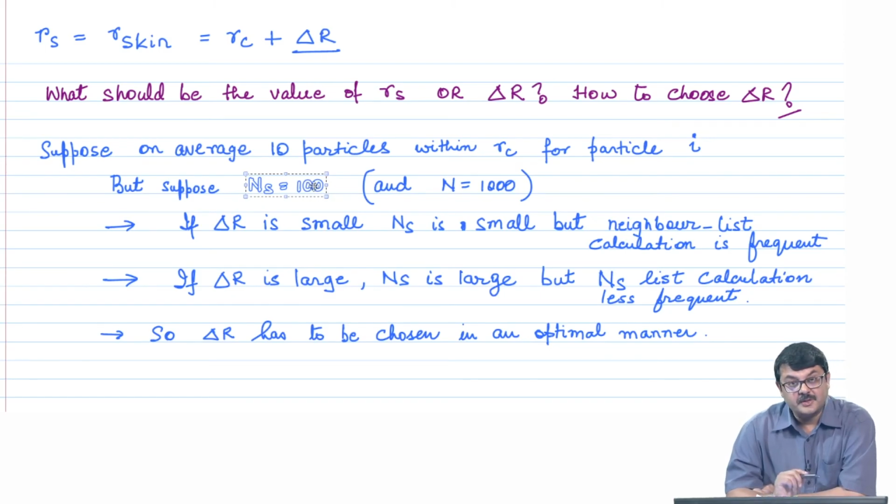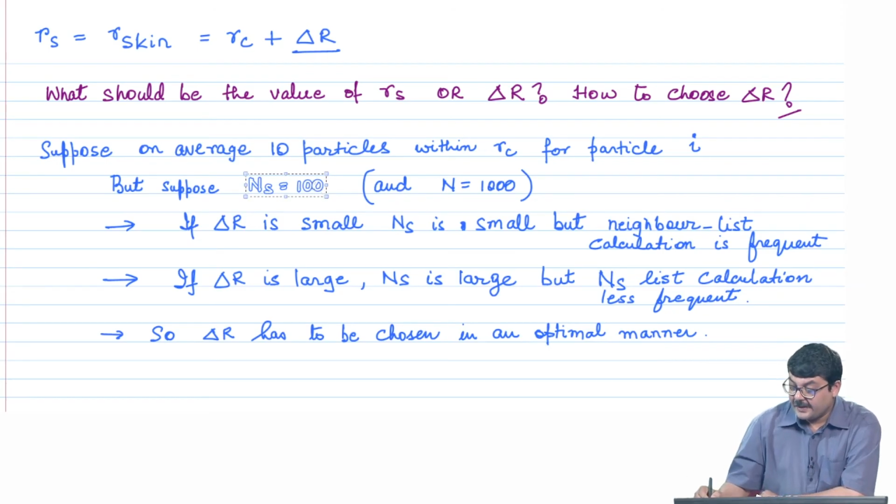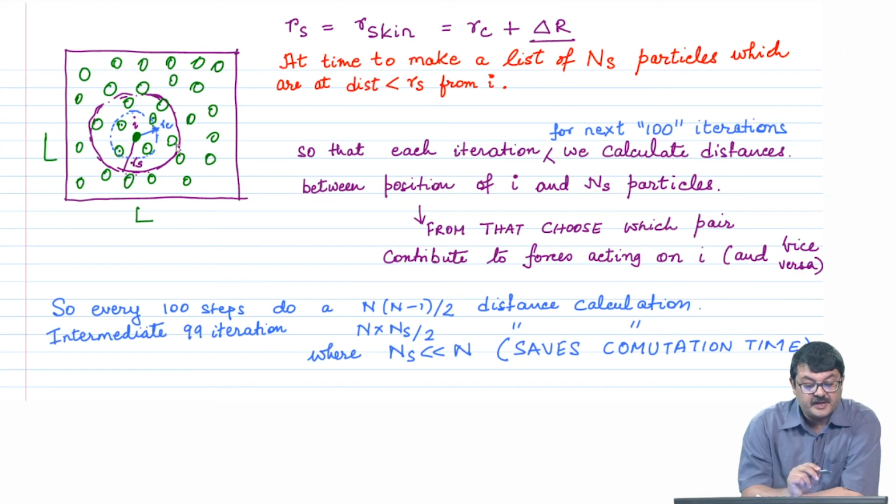So, that is good, you have saved a bit, but if n s is 100, in this figure the particle i is interacting with only 10 particles. So, even for the next 499 iterations, you are checking the distance for these extraneous 90 particles.